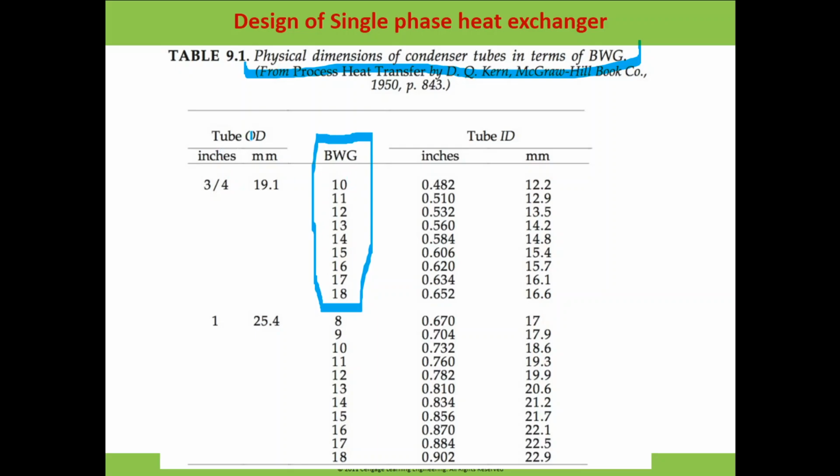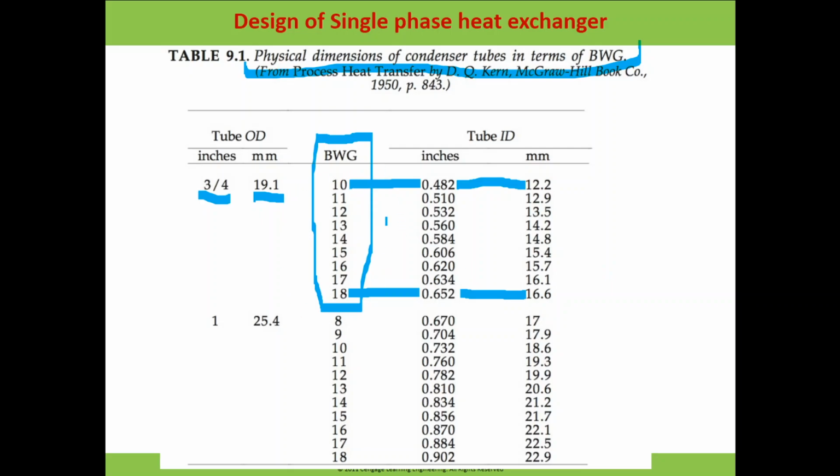So for this outer diameter, the BWG is changing from 10 to 18, and during this change we can see the inner diameter of the tube. The outer is 3 by 4 inches, which is 19.1 millimeter, whereas the inner diameter corresponding to 10 BWG is about 12.2 millimeter, and for 18 BWG it is about 16.6 millimeter.